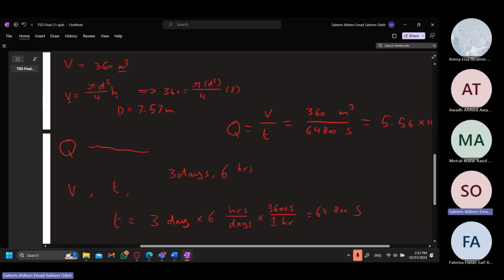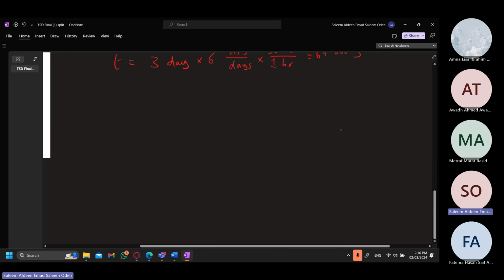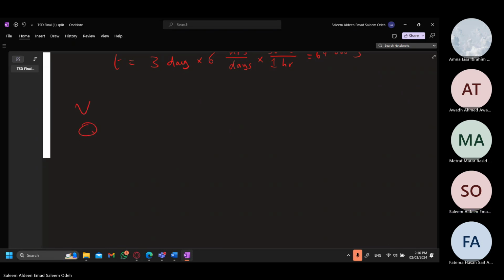It wouldn't make much of a difference how small or how big it is. So now we've found the volume, Q, and time. The volume we might need later, but the Q is the most important thing we need to find. So whether they ask for it in the question or not, you still need to calculate it so you could solve further on, unless he gives you Q, which I doubt.